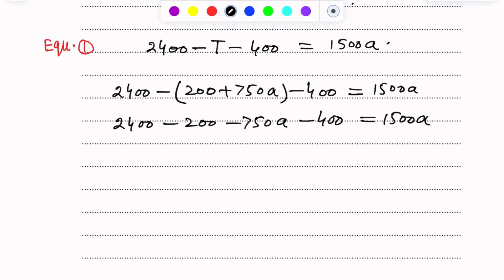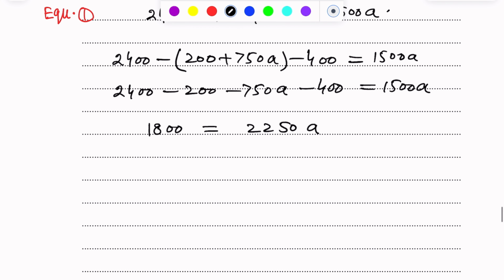Now collecting the like terms, 2400 minus 200 minus 400 gives 1800, is equal to, the A term moves to the right and becomes plus, so adding these two terms we get 2250A. From here, acceleration will be 0.8 meter per second square.